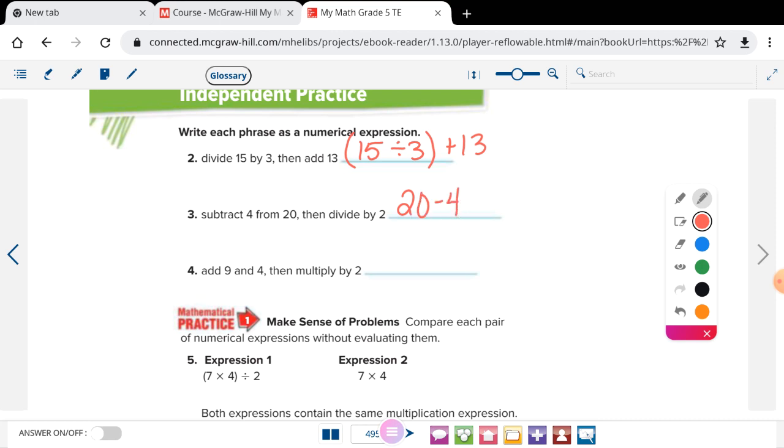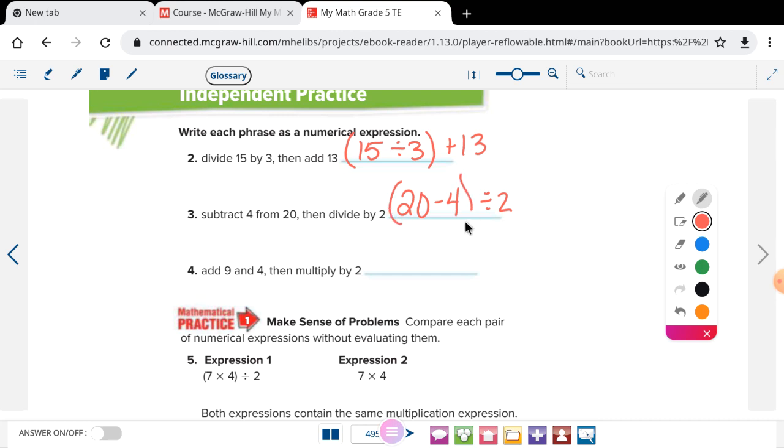And it says then divide by 2, Max. What else do I need to add on to this? Okay, what else? Because it says then divide by 2. What else should I add to tell me that I need to subtract 4 from 20 first?